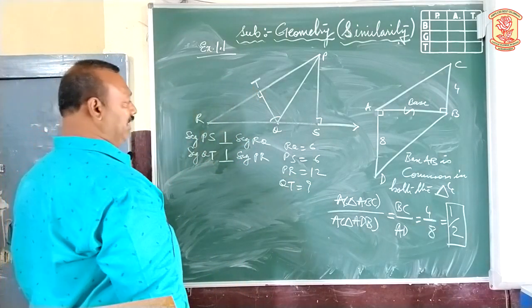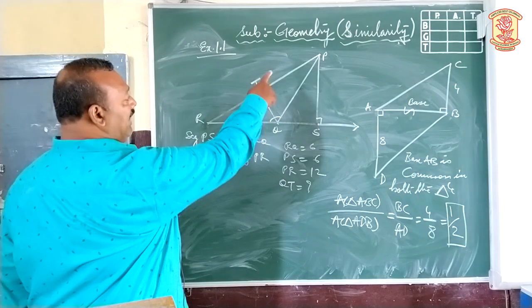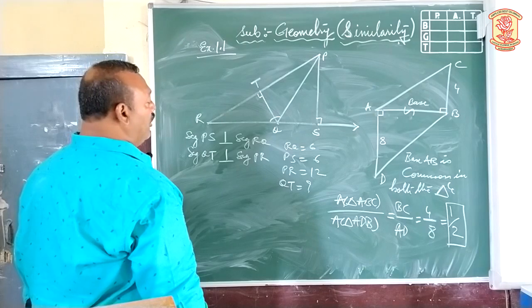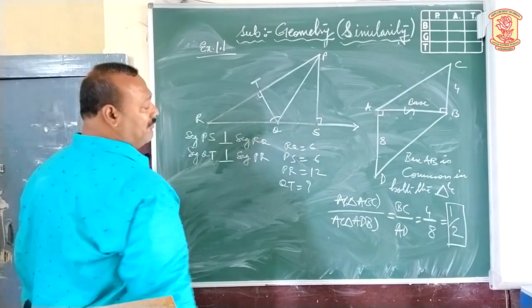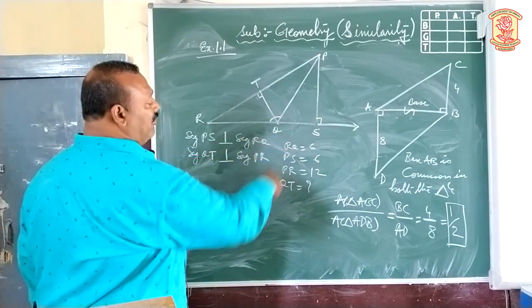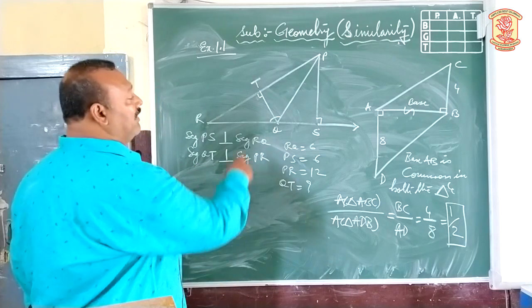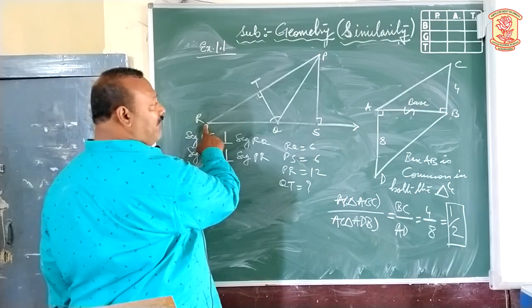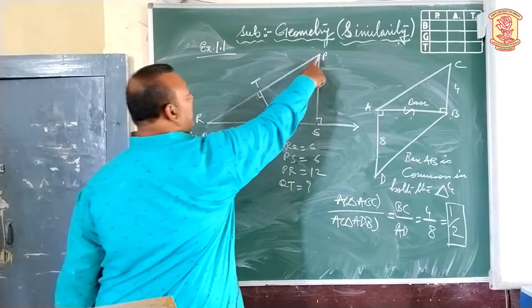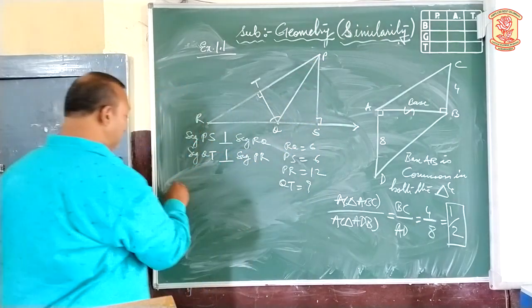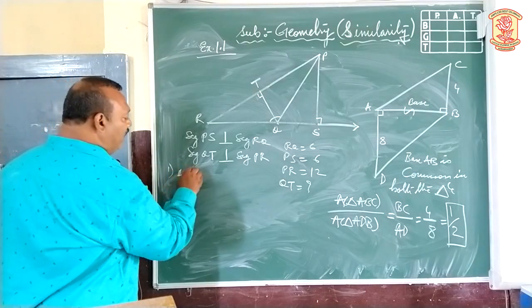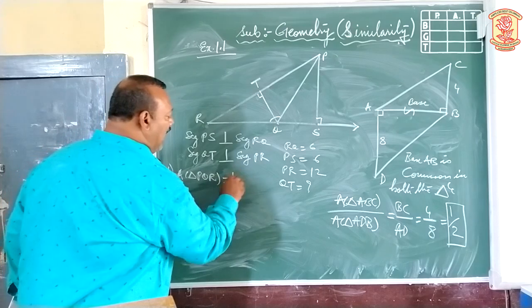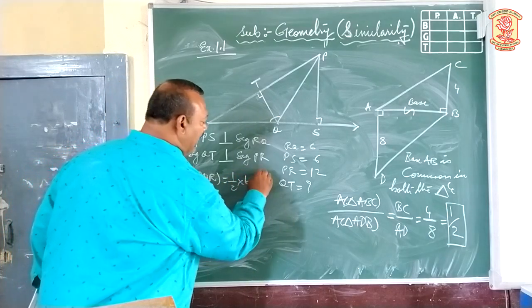How to find QT? Now, area of triangle PQR is half into base into height. You have got the value of QR. You got the value of altitude PS. Therefore, we can get the area of triangle PQR. Area of triangle PQR when PS is the altitude is the first one. Area of triangle PQR equals half into base into height.